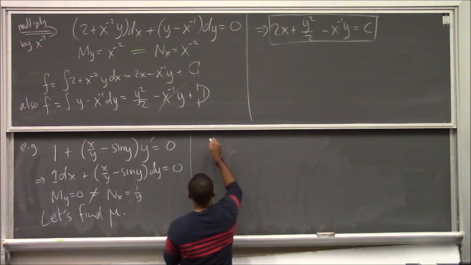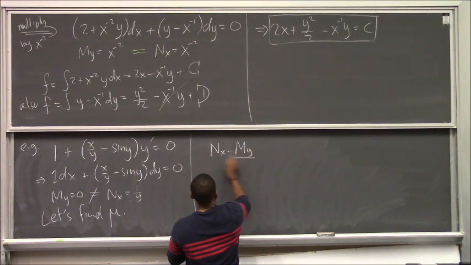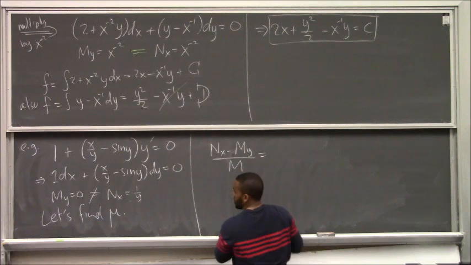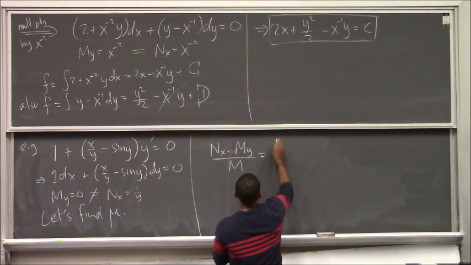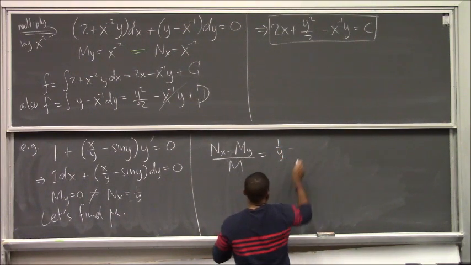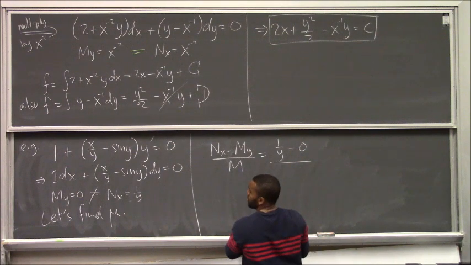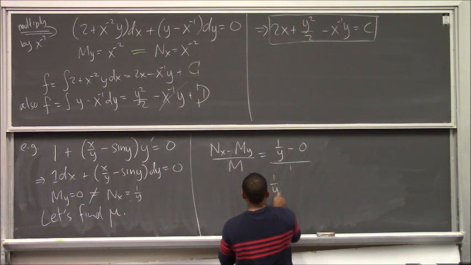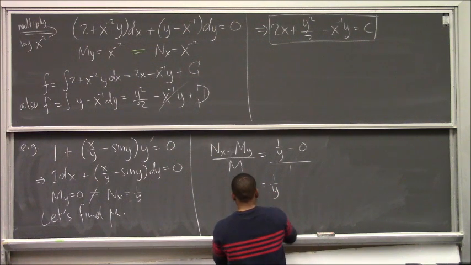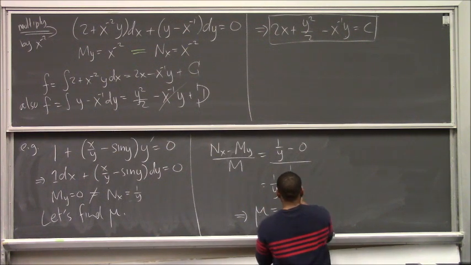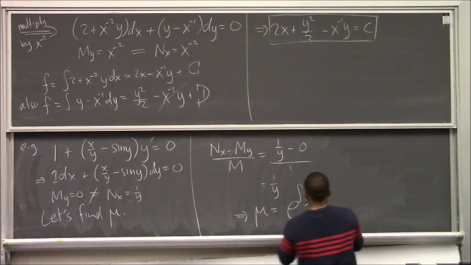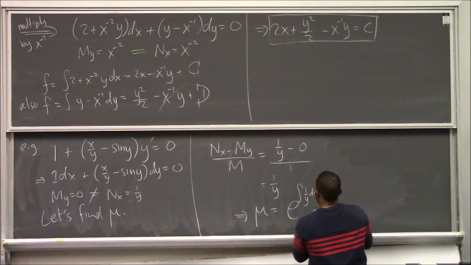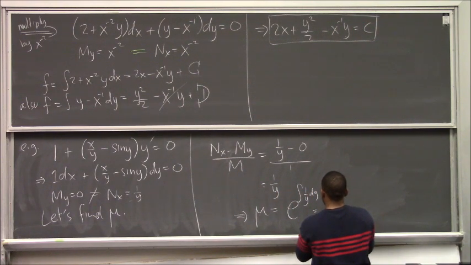So we are going to look at (N_x minus M_y) over M. This is going to look like 1 over y minus 0 over M, which is just 1 over y. So this means that our mu is equal to e to the integral of 1 over y, which is just basically y.